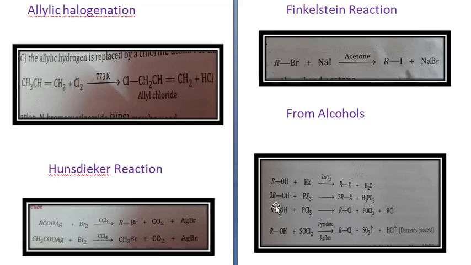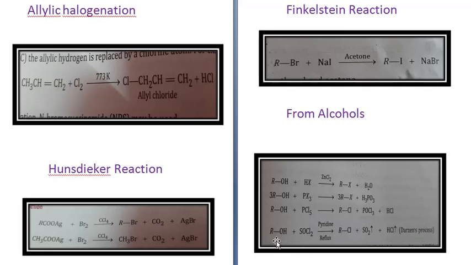The same way ROH is treated with PX3, PCl3, PBr3, any PX3, you will get 3RX plus H3PO3. With PCl5 also, when ROH alcohol is treated with PCl5, you get RCl plus POCl3 plus HCl.